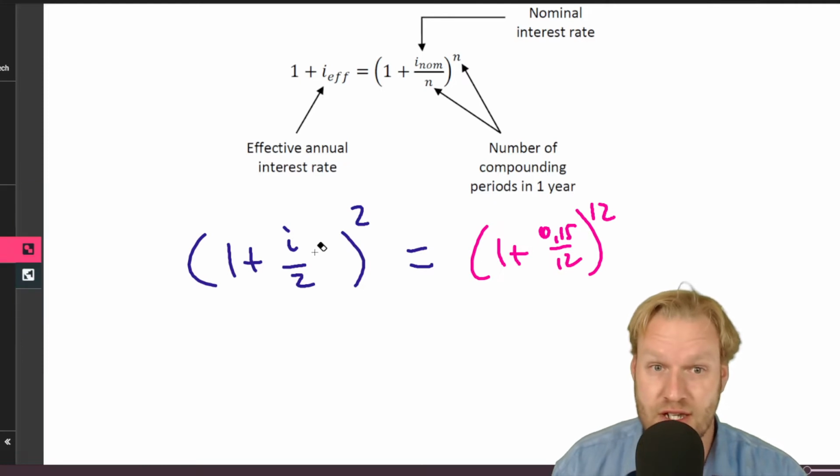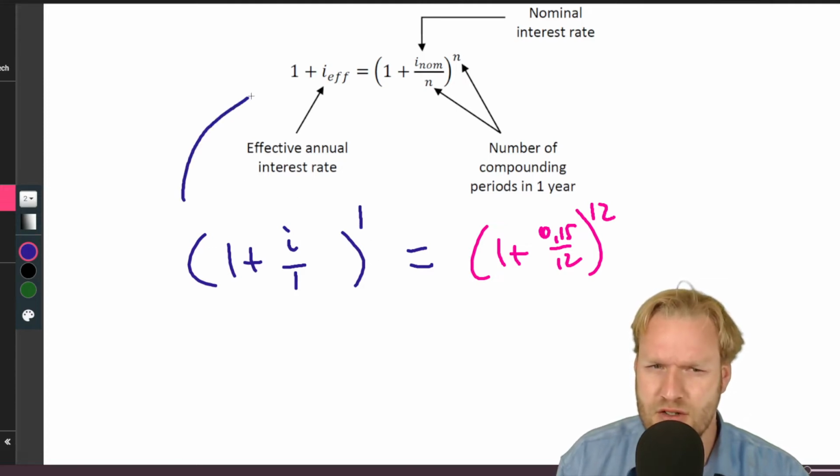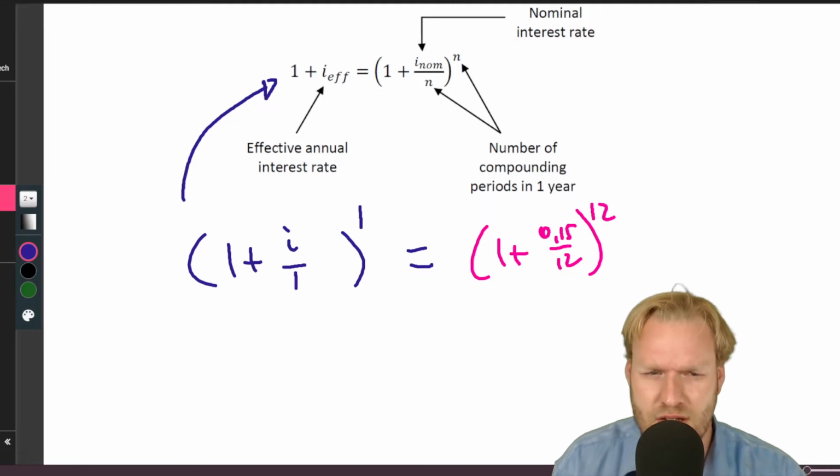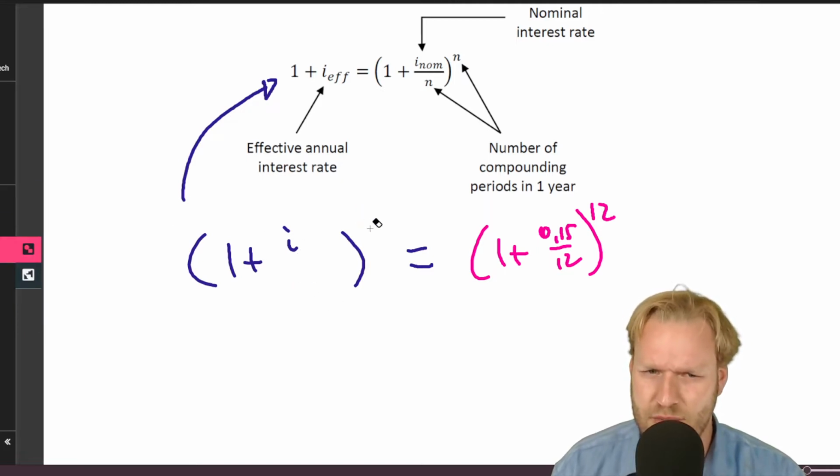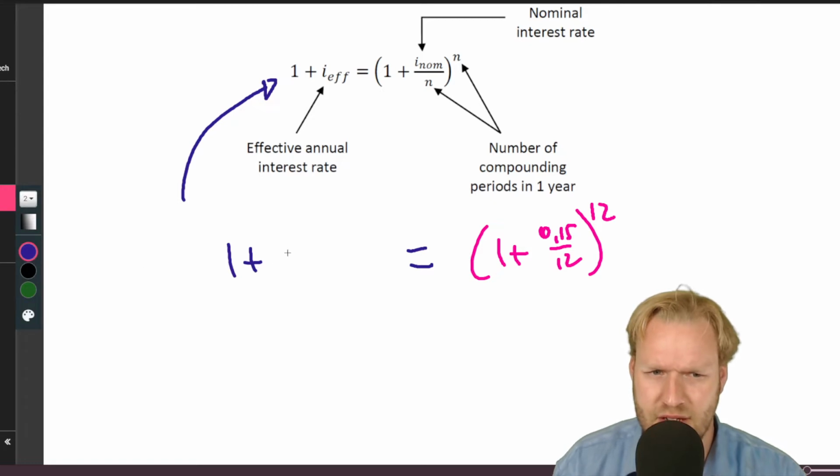If you wanted to do it as an effective annual interest rate, in some ways you're thinking of over 1 to the 1. But I over 1 is just I, and anything to the power 1 is itself. So this is just 1 plus I.